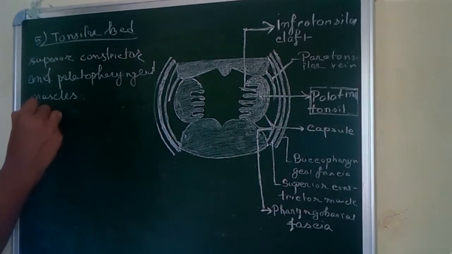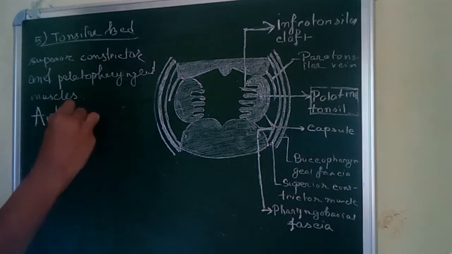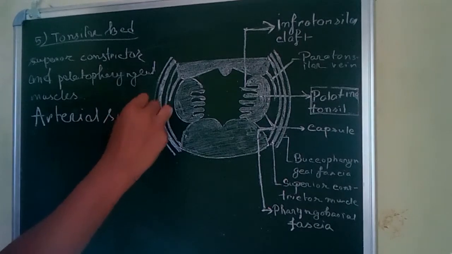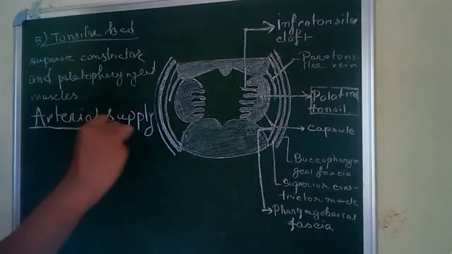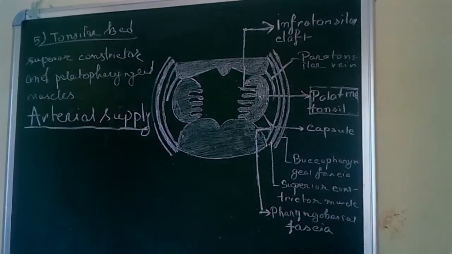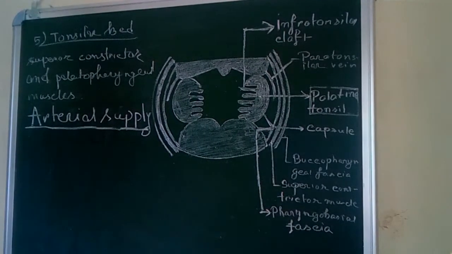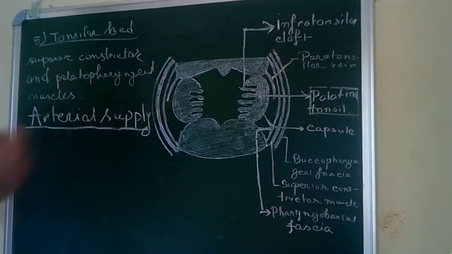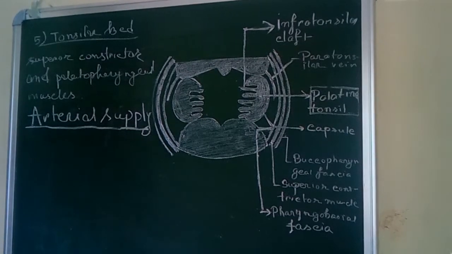Arterial supply. The tonsil has a rich supply of blood, which is derived from several arteries.